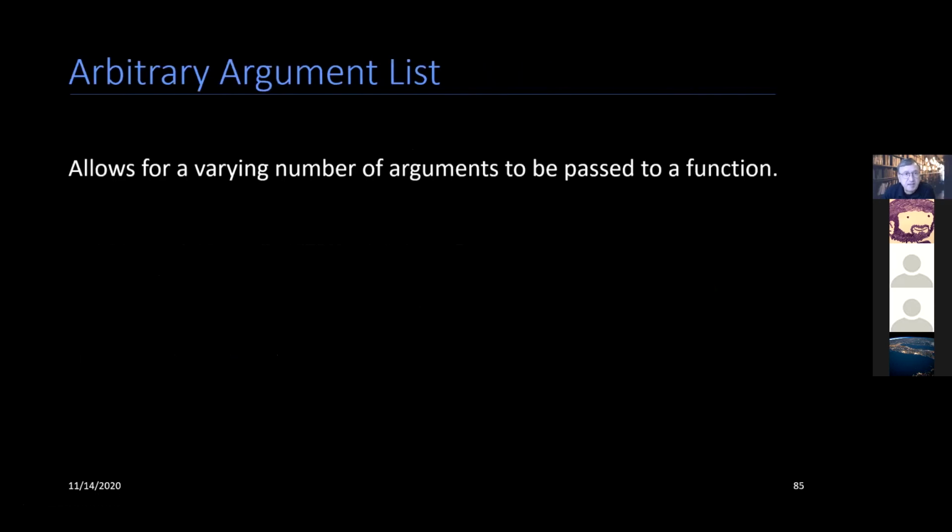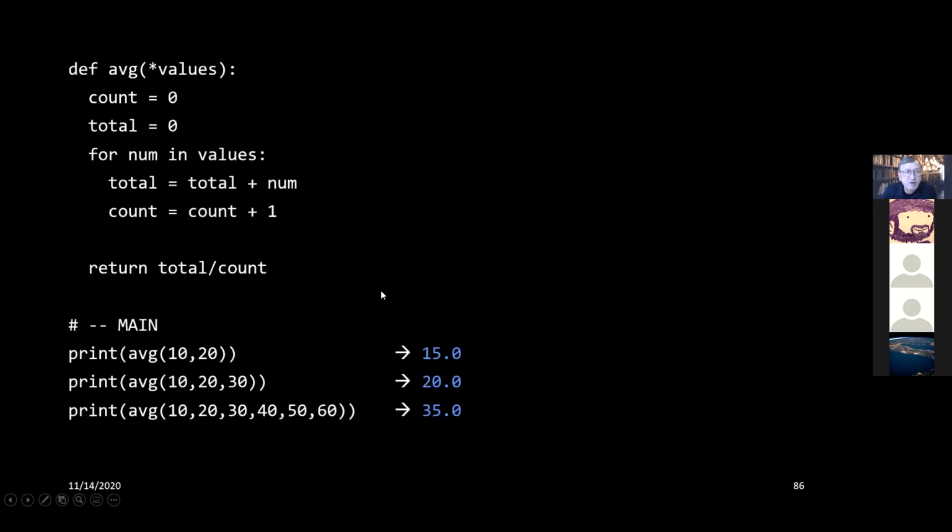Okay, so now the real flexibility here is we can call functions with an arbitrary number of parameters. Here, function average. I have values, but I put in front of it an asterisk. That means it will take any number of values of what I give it.